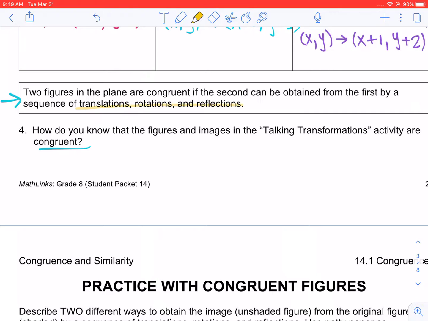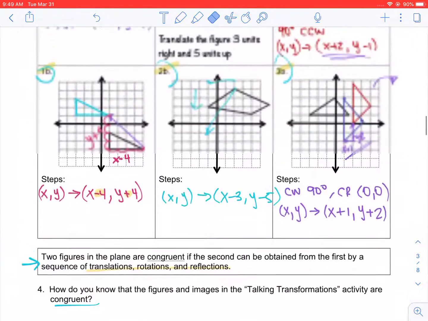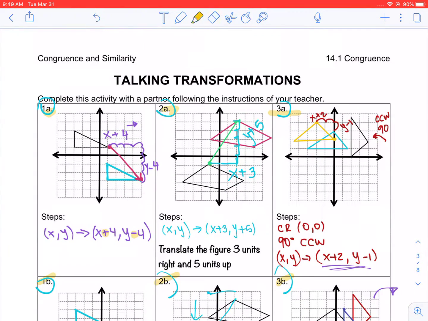So, if you can take one figure and translate it, reflect it, and then rotate it, then these figures are congruent to the original one by definition. Here it says, how do you know that the figures and images in the transformations activity are congruent? That's what we just did.